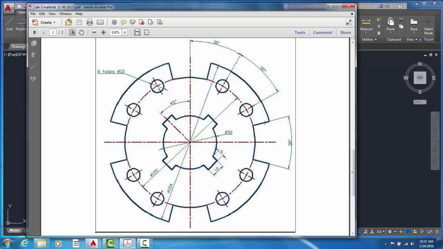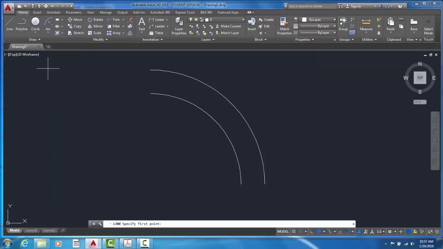Next, I look at my geometry and I'm going to draw in 2 lines associated with these edges. I know that this line is 15 degrees from horizontal, and I know that this line is 75 degrees from horizontal. I don't really care how long the line is.